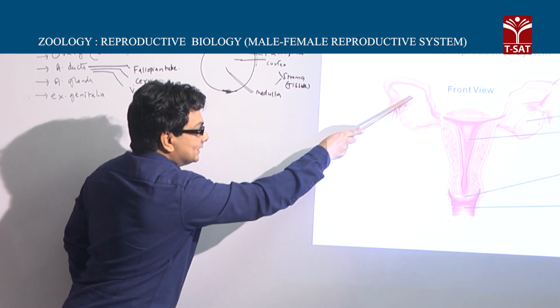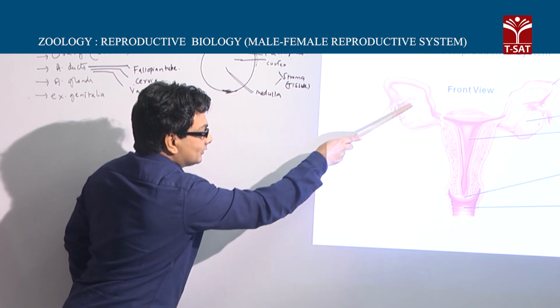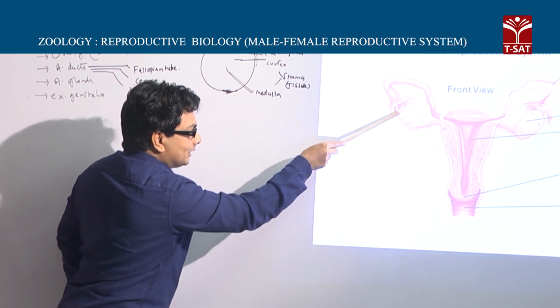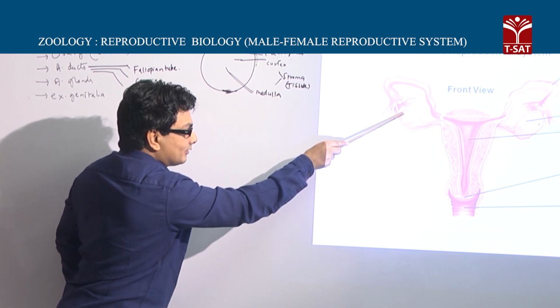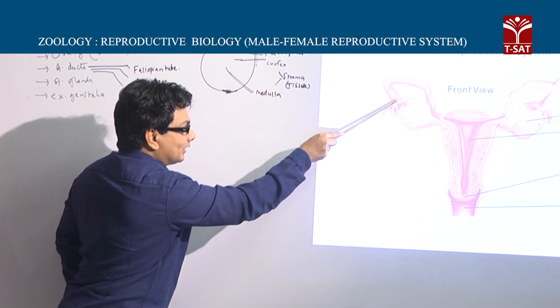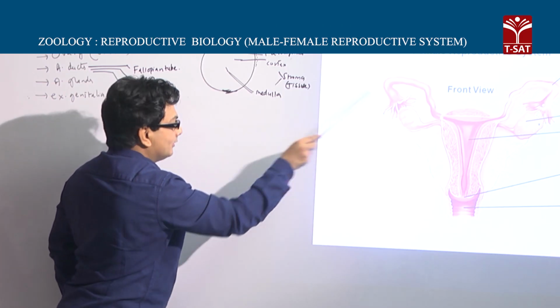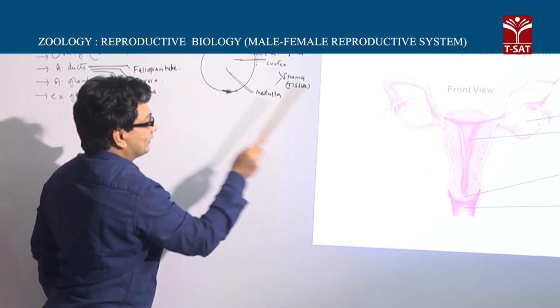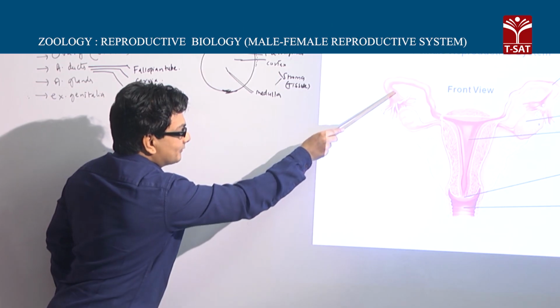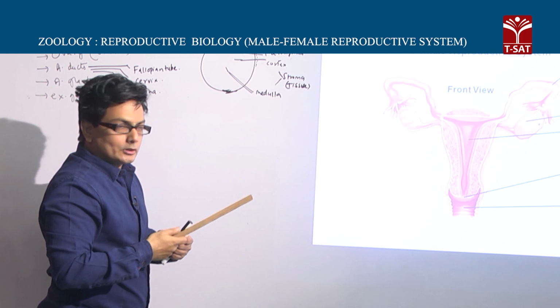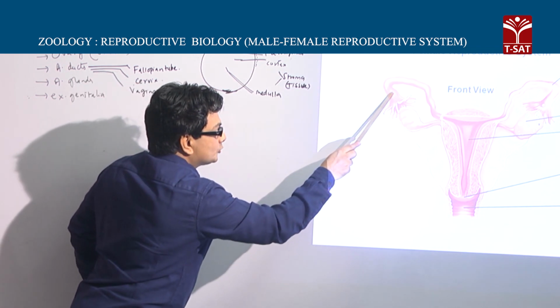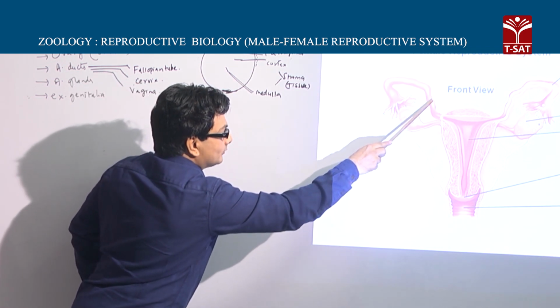The fimbriae will receive the secondary oocyte from the ovary into the fallopian tube. So the fallopian tube has the fimbriae, helping in receiving the secondary oocyte. Now the fallopian tube is like this overall.